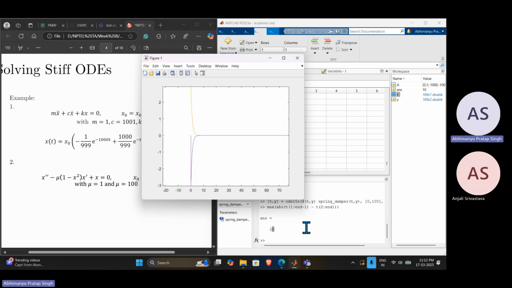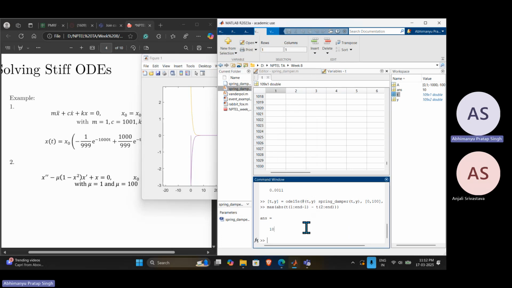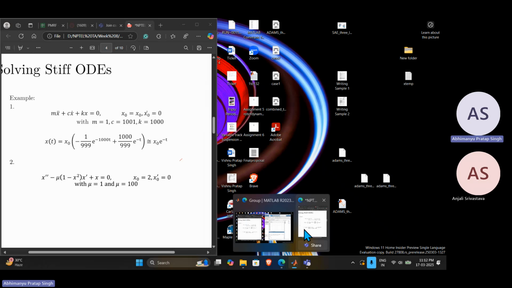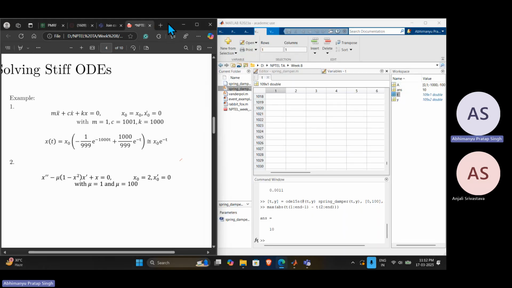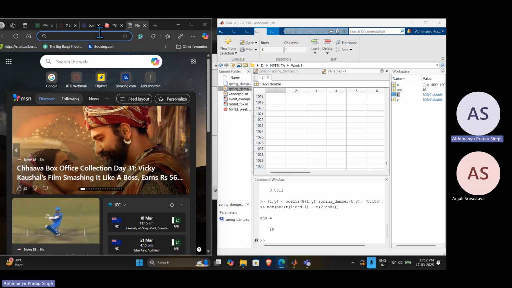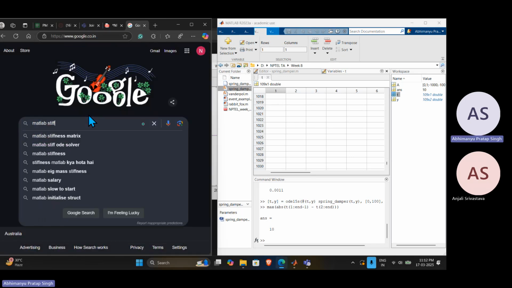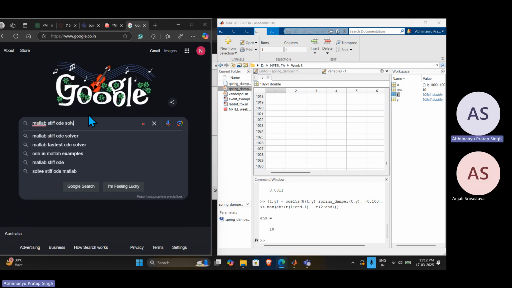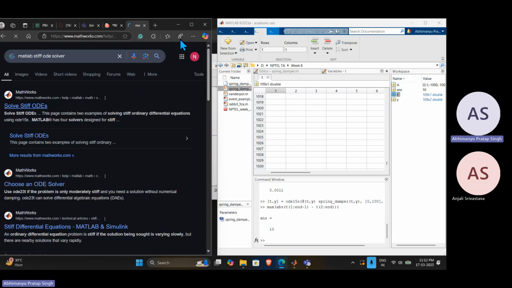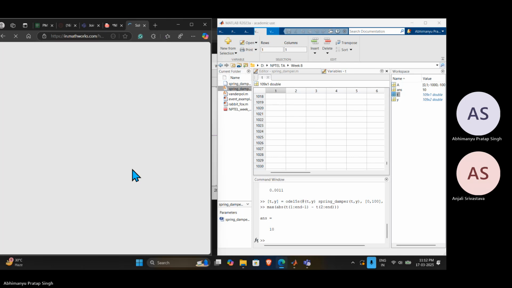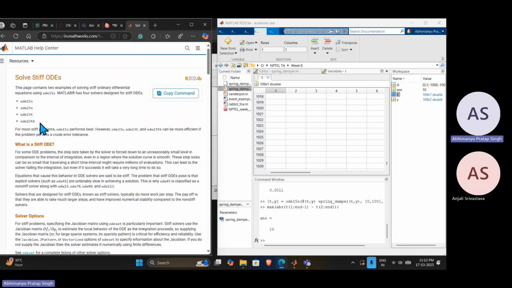But if we use stiff solvers, if I Google it, there are a number of higher order solvers available in MATLAB, not just ODE15s. MATLAB has these four stiff solvers: ODE15s, ODE23s, ODE23t, ODE23tb.